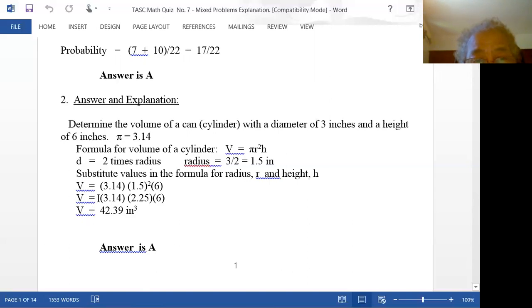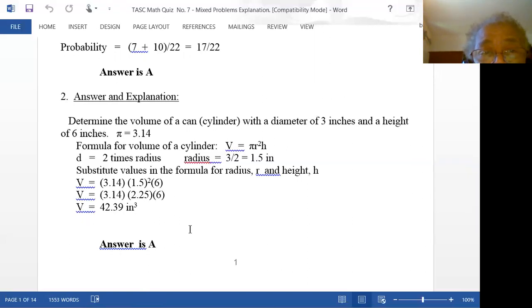Now when we multiply this all out, 3.14 times 2.25 times 6 will give us a volume of 42.39 cubic inches. Remember, volume is always in cubic dimensions. It doesn't have to be inches, it could be meters, centimeters, etc.